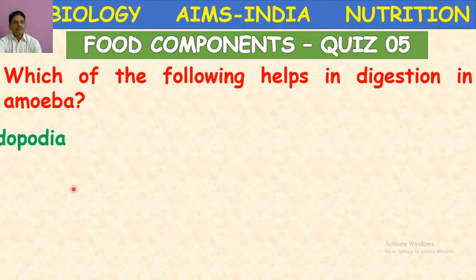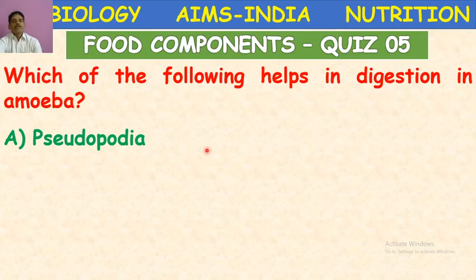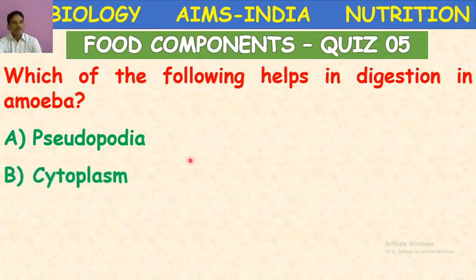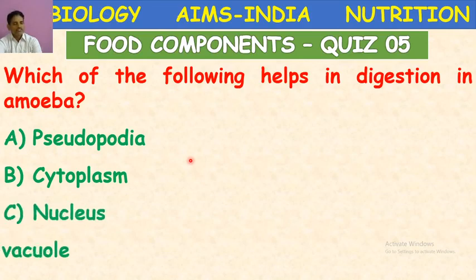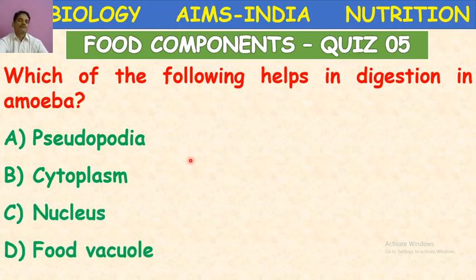Second question. Which of the following helps in digestion in amoeba? Pseudopodia, cytoplasm, nucleus, food vacuole. If you take an amoeba, a unicellular organism, these are the parts which we will see.